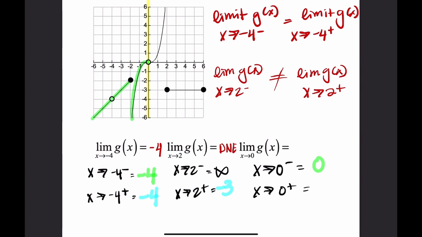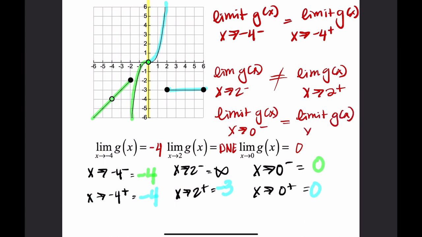And as I observe the limit from the right side, I'm also approaching 0. And because both sides match, I know that the limit is going to be 0. And one final justification for this function of g of x, there it is.